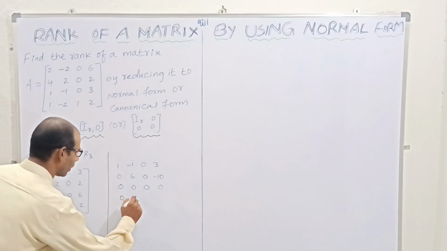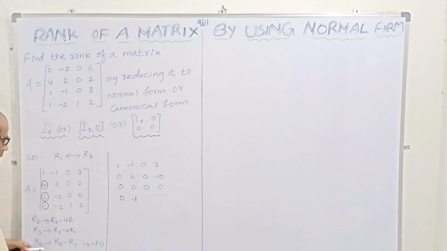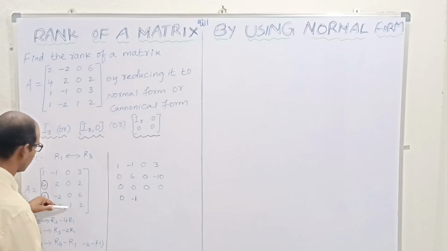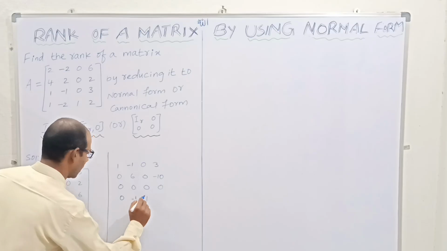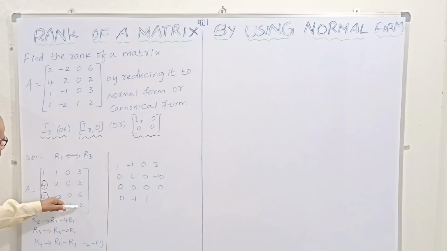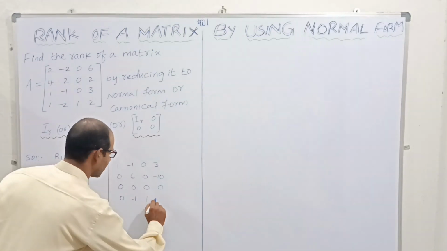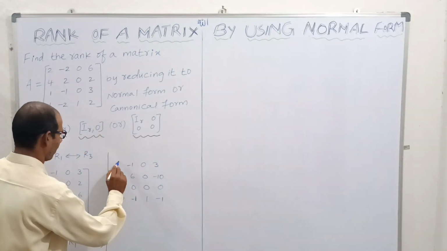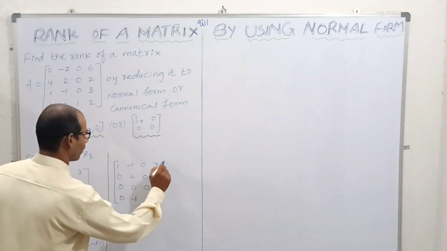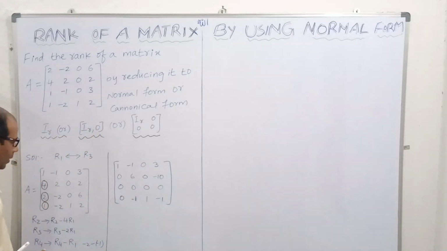Minus 1, minus 1. So then we have 1 minus 0, 1 minus 0 is 1. Then we have 2 minus 3, 2 minus 3 is minus 1. So this matrix is reduced as like this one, right?